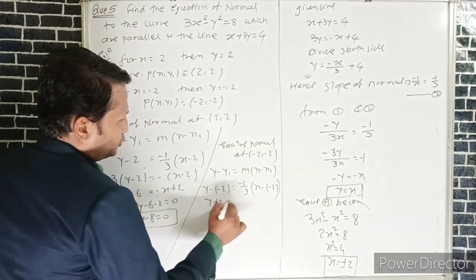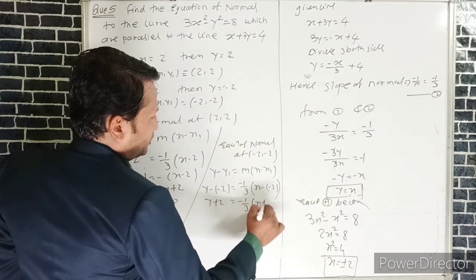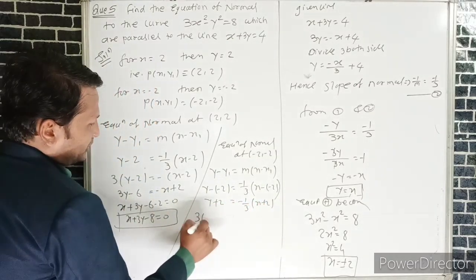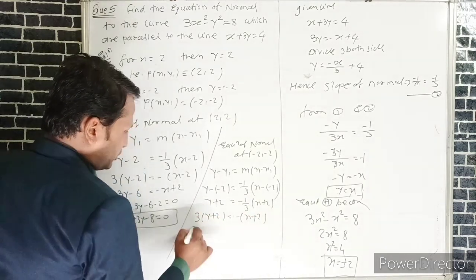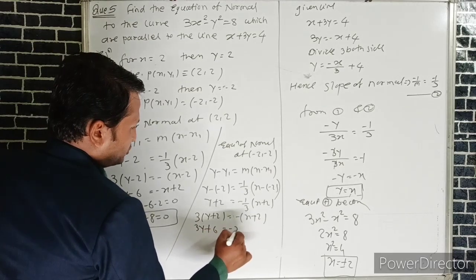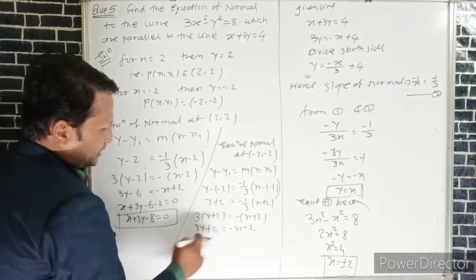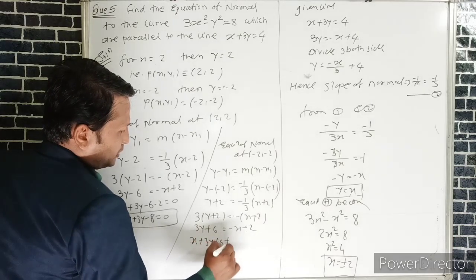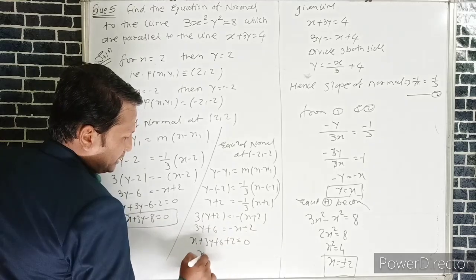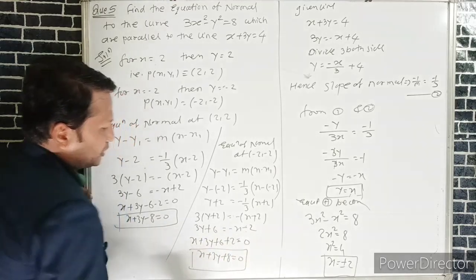Y plus 2 is equal to minus 1 by 3 into x plus 2. If we shift this 3 to the right side, we can write 3 into y plus 2 is equal to minus x minus 2. 3y plus 6 is equal to minus x minus 2. If we shift this minus x and minus 2 to the left side, we can write x plus 3y plus 6 plus 2 is equal to 0. X plus 3y plus 8 is equal to 0, which is the required equation of normal.